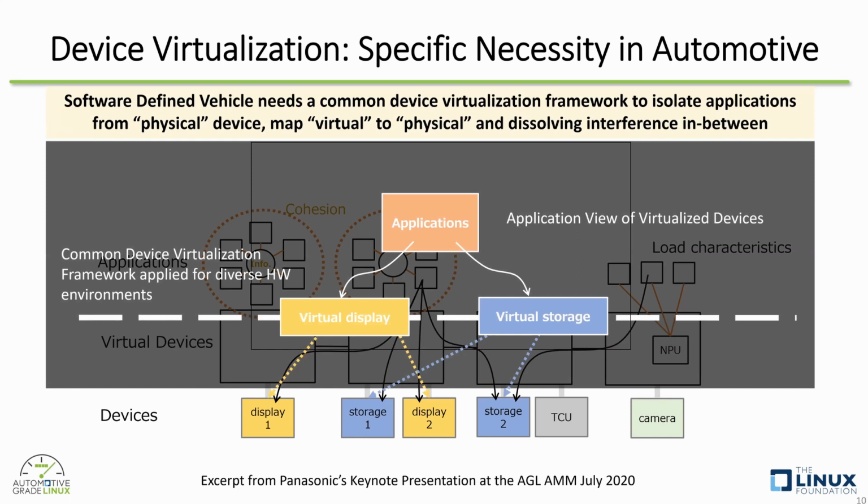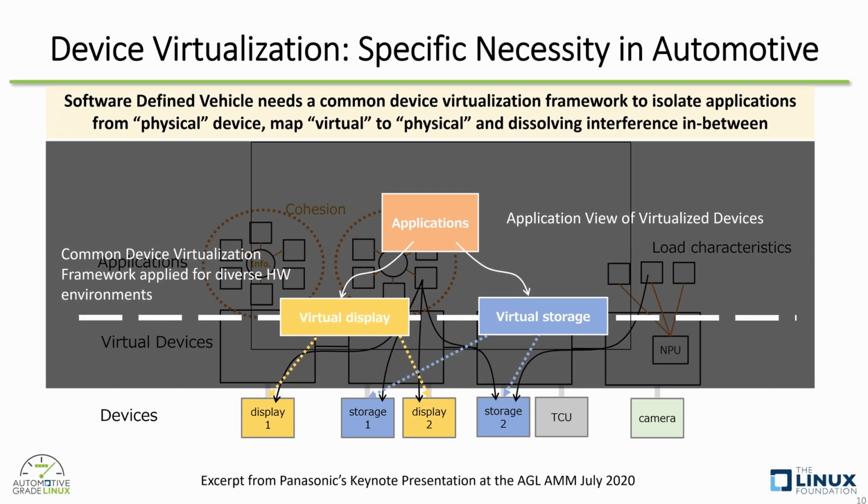So this example depicts the general notion of device virtualization from the application point of view, which I explained in the previous slides. In this example, the virtual display and the virtual storage are defined.